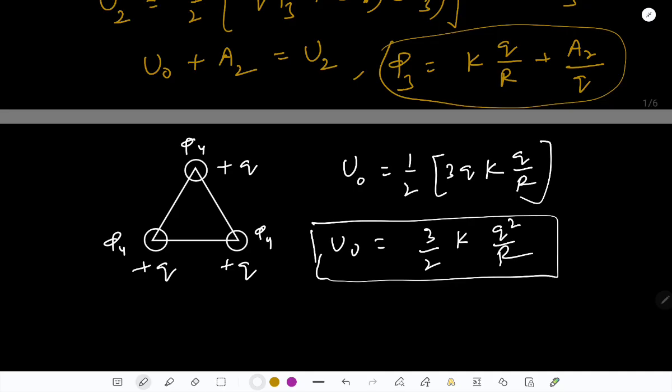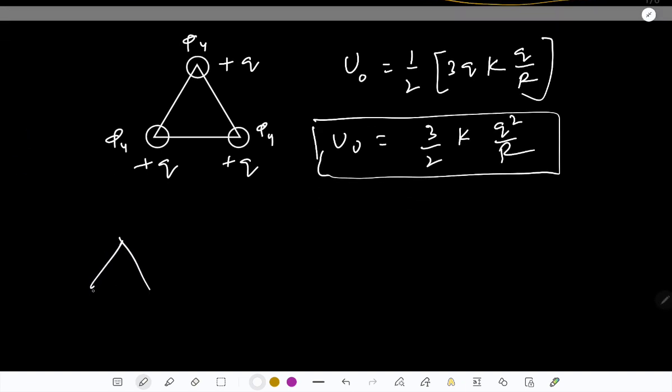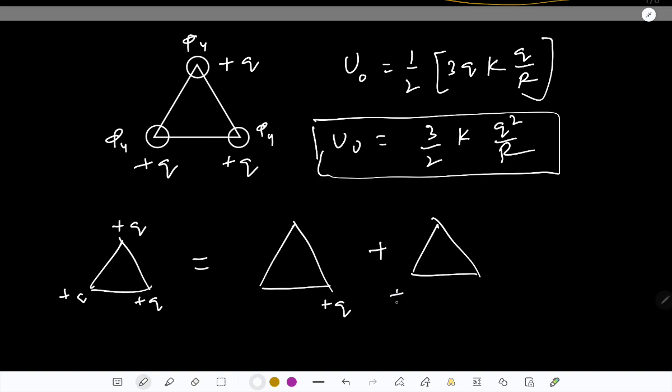And if you consider the problems you have solved already, that means part 1 and part 2 of the problem, you might consider that this system, plus q and plus q, is equivalent to this thing, plus q, nothing here, and plus q here, or plus q here, and plus q.